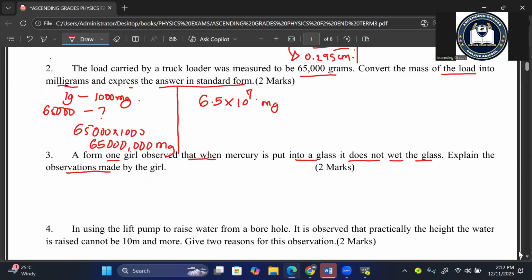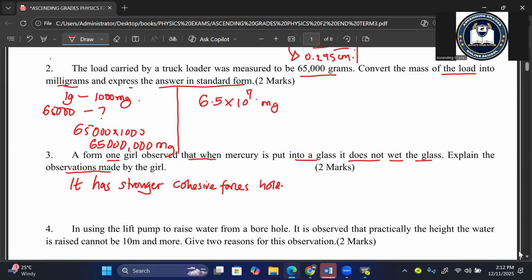The issue to do with the mercury, it's all about the forces acting on it. So it has stronger cohesive forces.